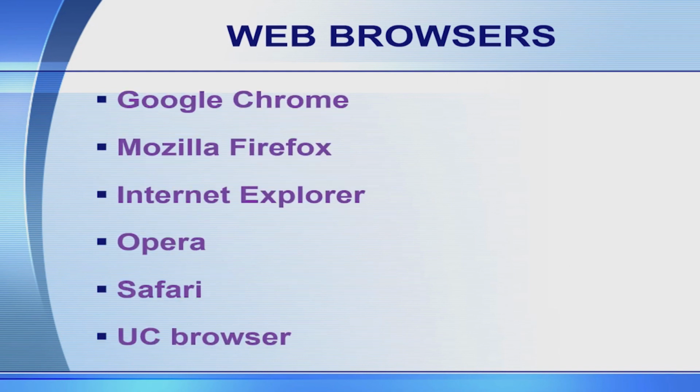Several web browsers like Google Chrome, Mozilla Firefox, Internet Explorer, Opera, Safari, and UC Browser are available. The user can choose any one of the web browsers according to his interest and need.